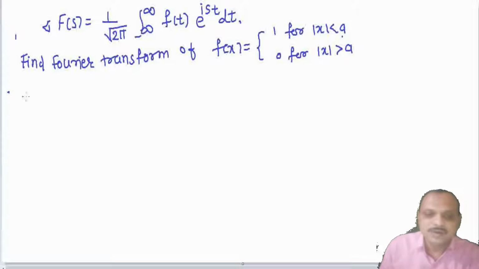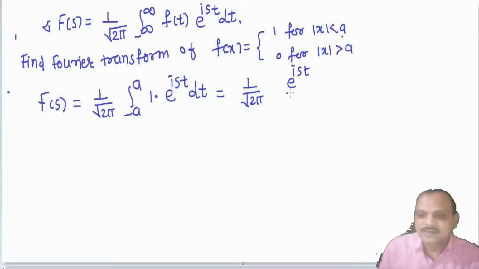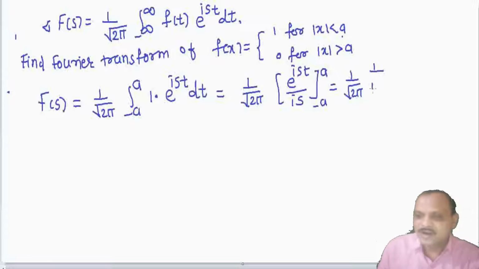and therefore the Fourier transform F of s will be equal to 1 divided by under root of 2 pi integration minus a to plus a, f of t is 1, e raised to i s t into dt, equal to 1 divided by under root of 2 pi, integration of e raised to i s t divided by i s between the limits minus a to plus a, equal to 1 divided by under root of 2 pi, 1 divided by i s.